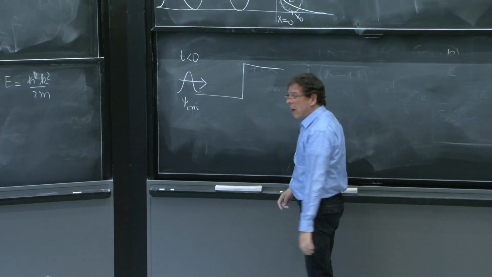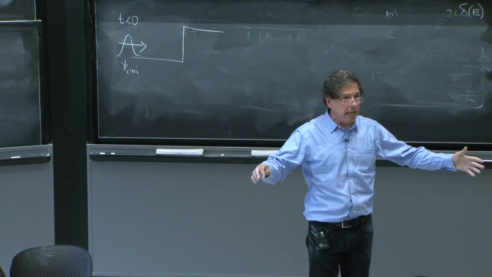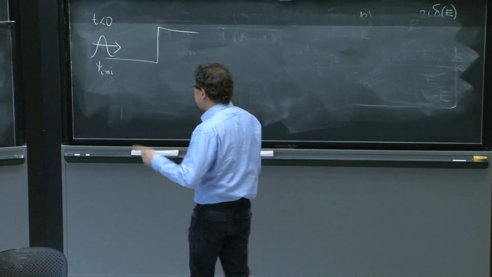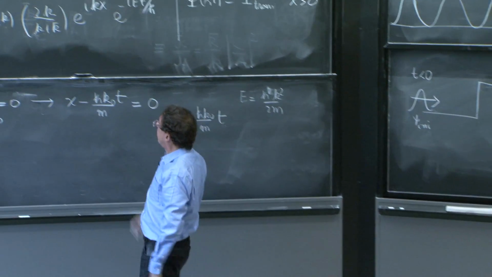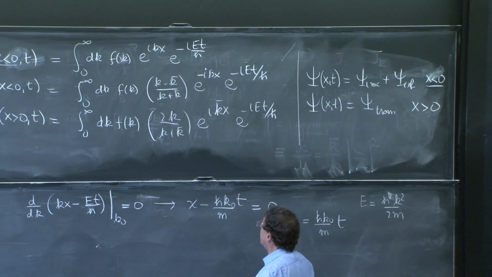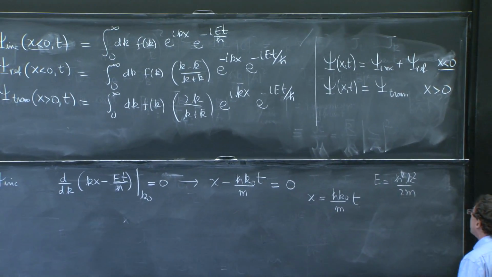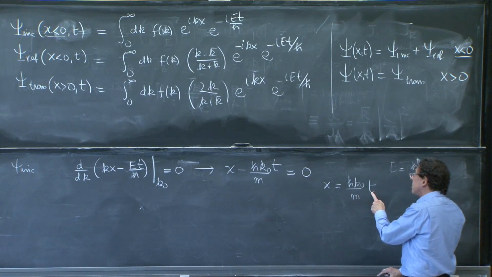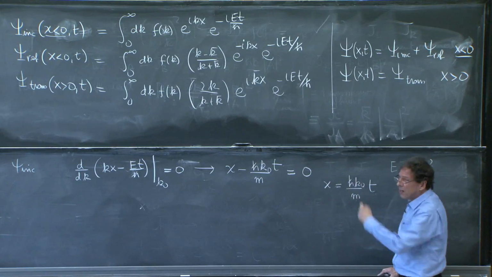But then, what happens with psi incident as t is positive? As t is positive, psi incident, well, it's just another integral. You might do it and see what you get. But we can see roughly what we will get. When t is positive, you get something if you have positive x.